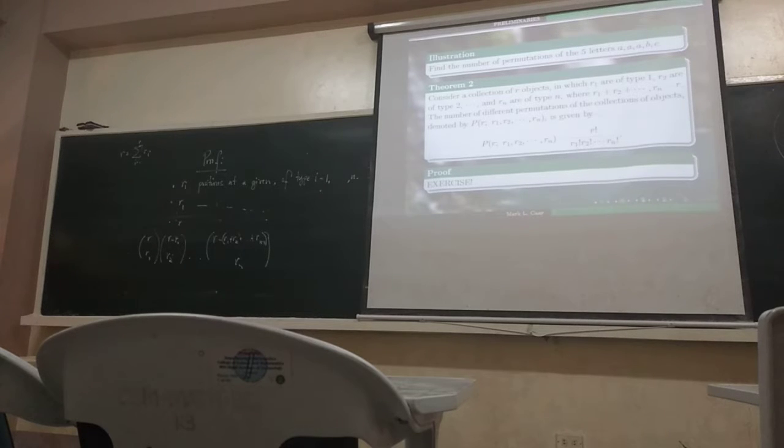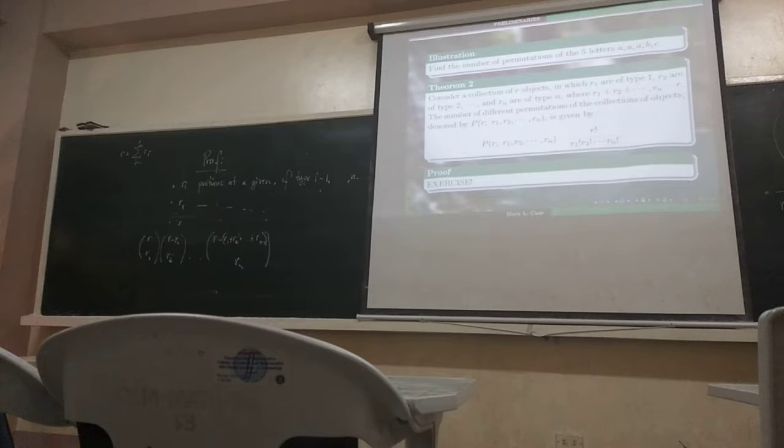Para makita na ito. Equal to R factorial over R sub 1 factorial times R minus R sub 1 factorial. Tama? Okay, this is R minus R sub 1 factorial over R sub 2 factorial, and you'll have R minus.